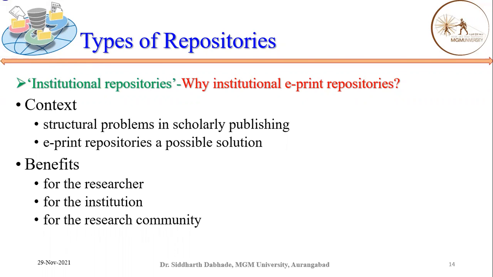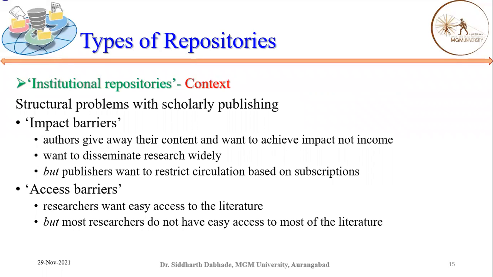There are various advantages or benefits of this institutional repository, at the researcher level, the institution level, and for community purposes. There is an impact on barriers. If a researcher wants to do research in a particular domain, the authors suffer to access a good number of research articles.